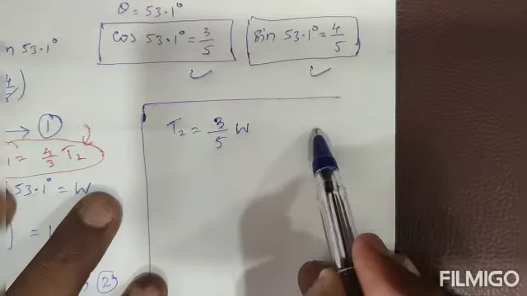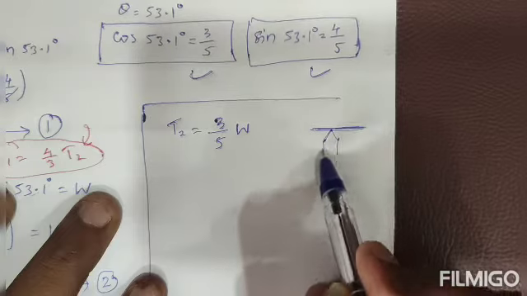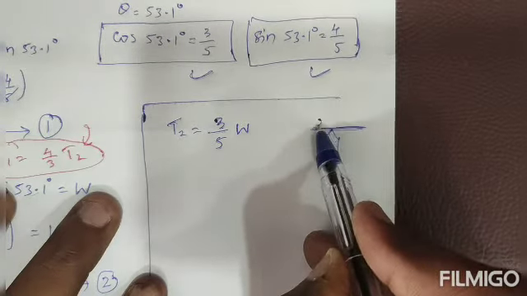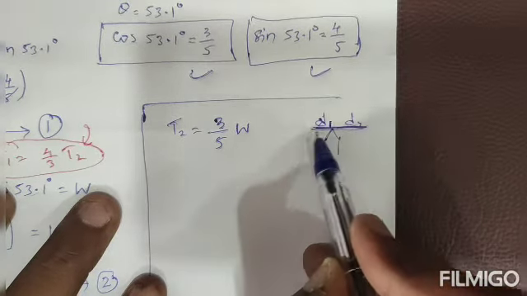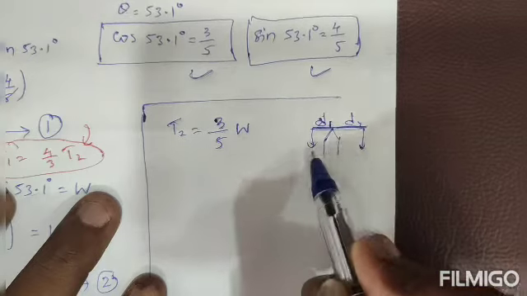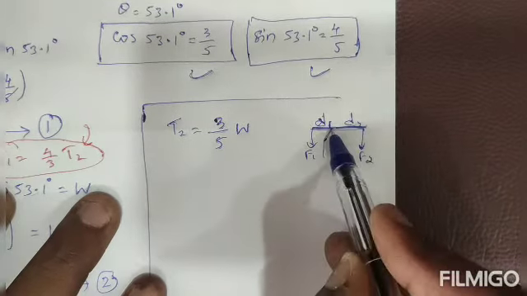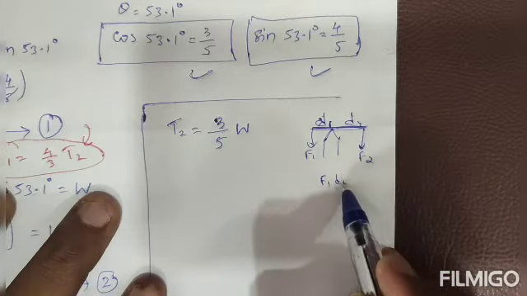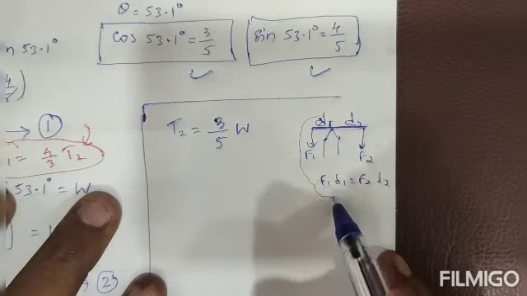For example, here the knife edge is there, one distance is d1, the remaining is d2. Two forces are acting, F1 and F2. So this is the equilibrium point. F1 d1 is equal to F2 d2. This is the principle of moment.